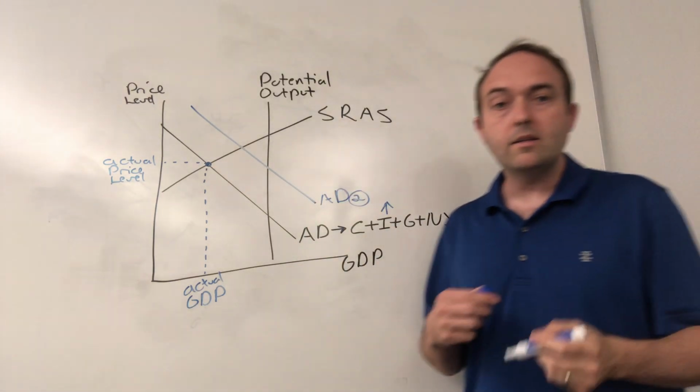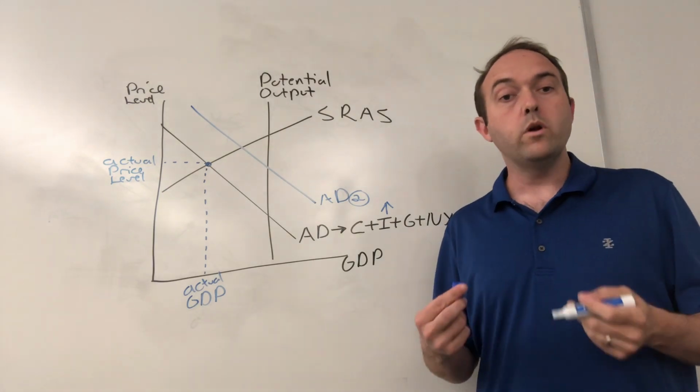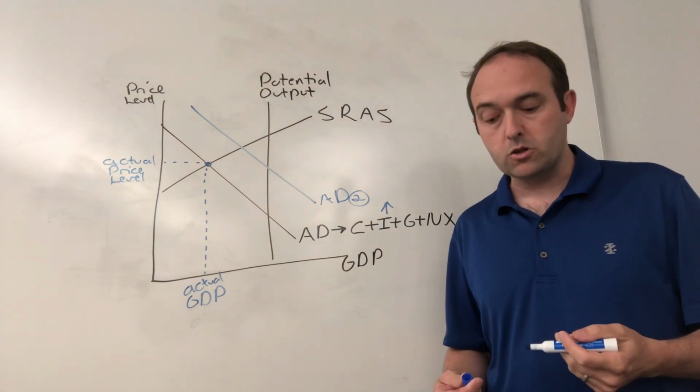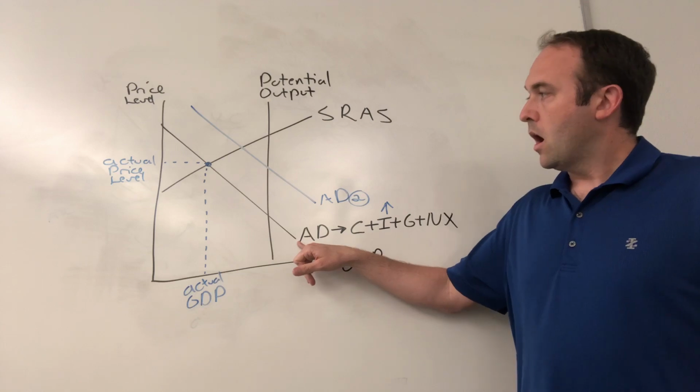Think about this AD2 representing what aggregate demand would be with this increased amount of investment expenditure. Now, go back to the original black aggregate demand line.